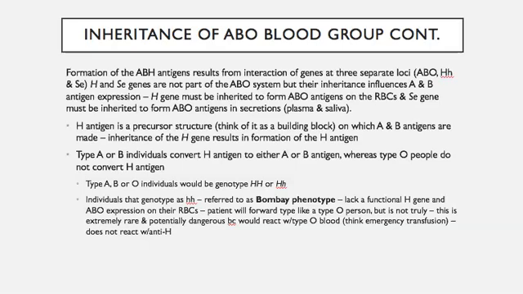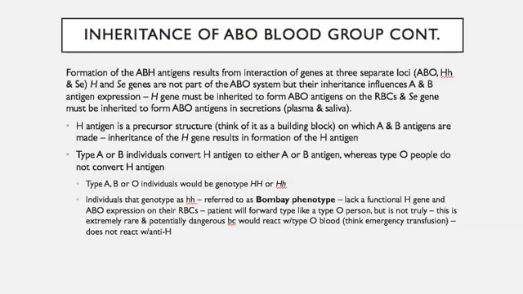Because these Bombay phenotype patients lack all antigens, including that H antigen, their red cells are not going to react with reagent antisera. Like I said a minute ago, they're going to look like a type O person because you're not going to get any reactivity with the antisera in the forward type, but their serum is going to contain all of the antibodies: anti-A, anti-B, anti-A,B, and anti-H.